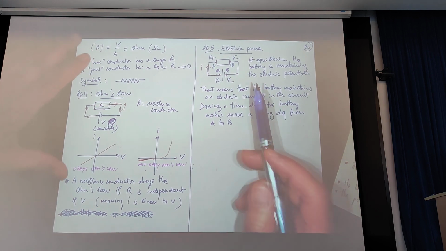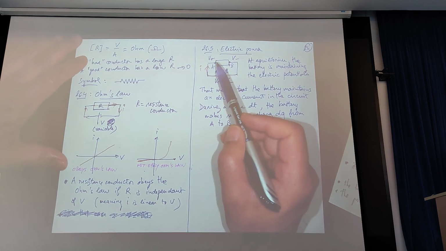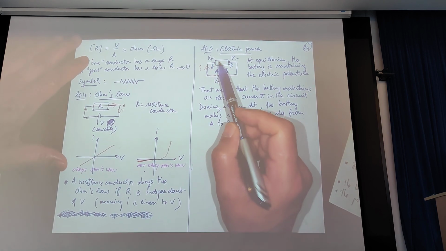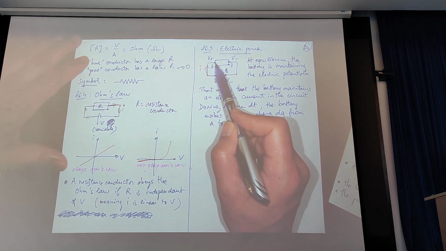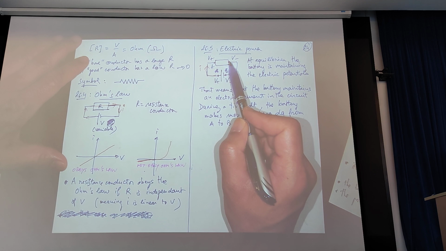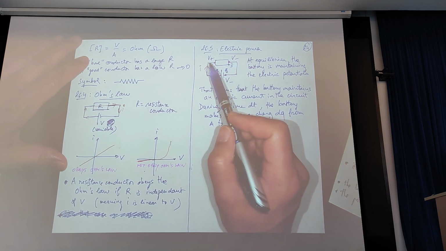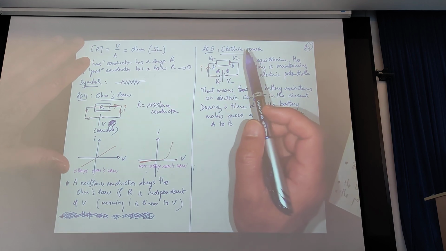Do you understand what I mean? Okay, so if there is no current, the positive charge which are here will move to V minus. Okay? So there is no more V plus and V minus at the end.